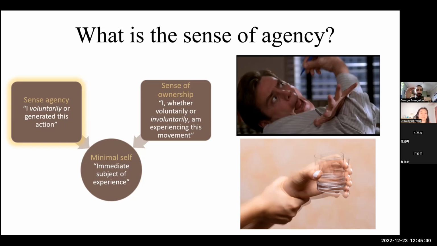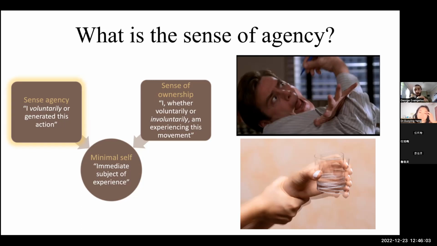We tend to experience a compression of time between our actions and their effects. So we experience the time as being shorter between our actions and their effects when we feel more in control of the action, and we perceive a longer time delay when we feel less in control of our actions.